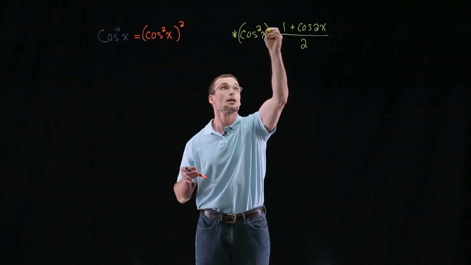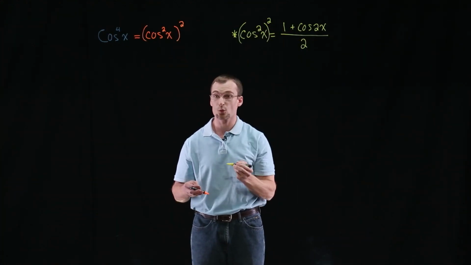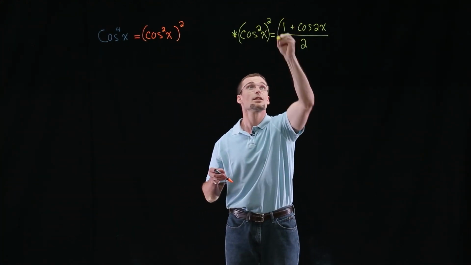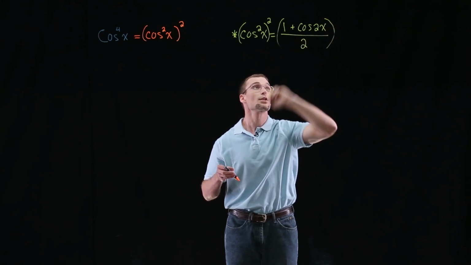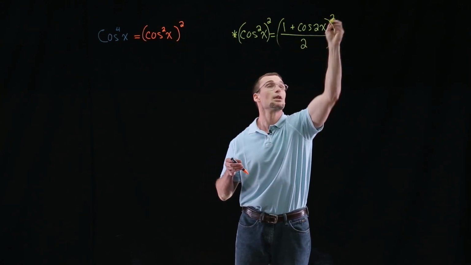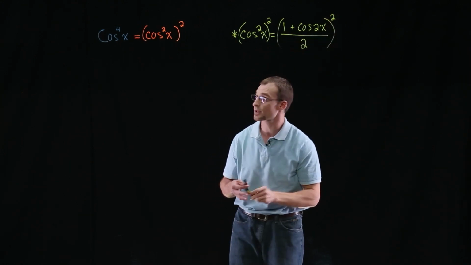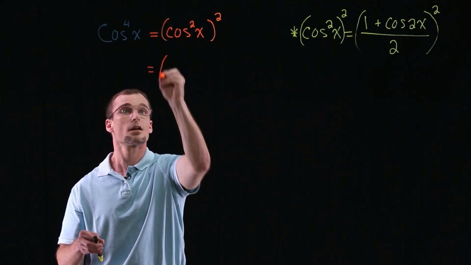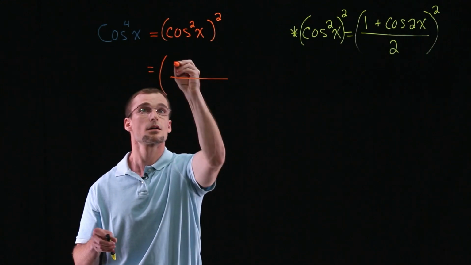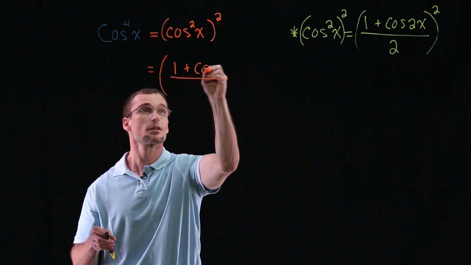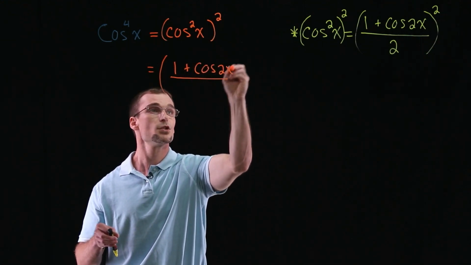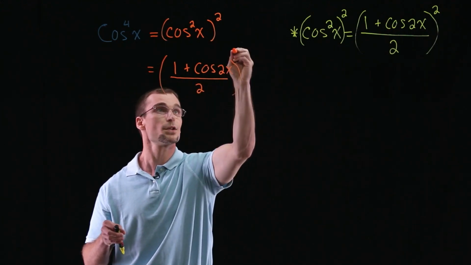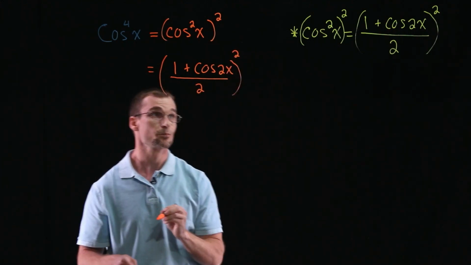So obviously, if we have cosine squared squared, well, that means we have the expression 1 plus cosine 2x over 2 squared. So we'll make that substitution. So coming over here, we're going to have the quantity 1 plus cosine 2x over 2 squared.